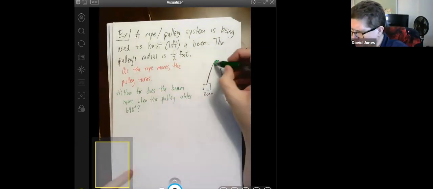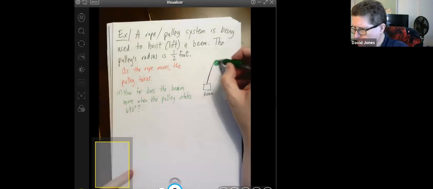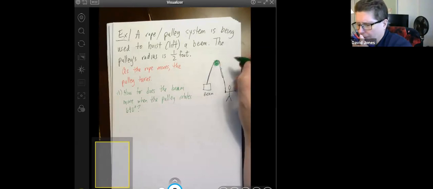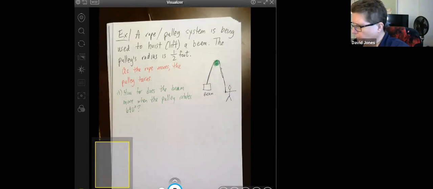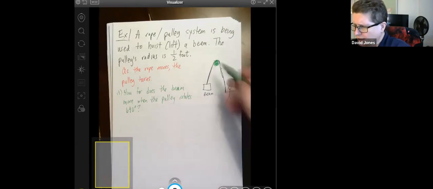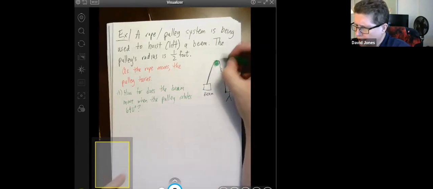So this pulley is rotating as it's moving. That much of the rope is moving also, but it's on the outside, so the rope is on the arc length.